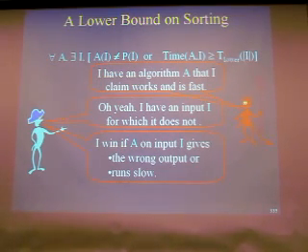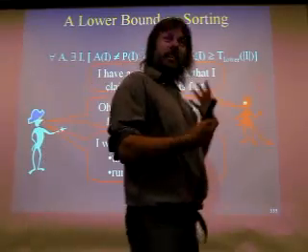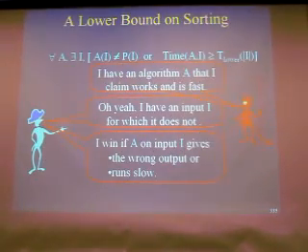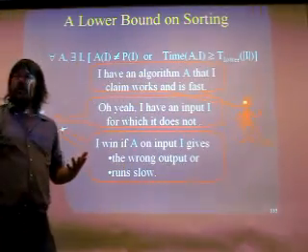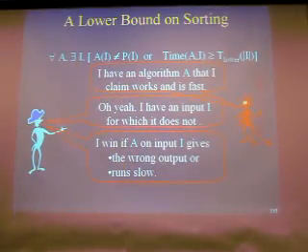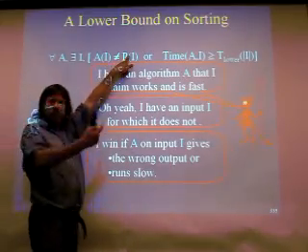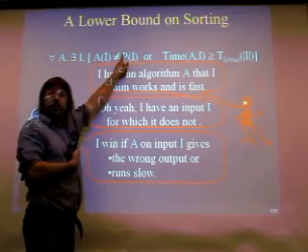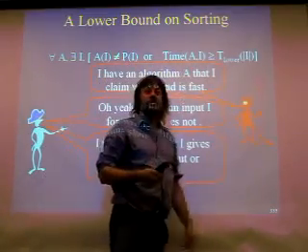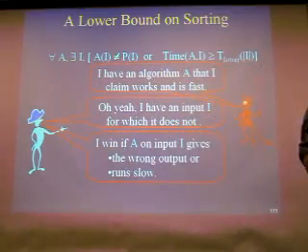So the input to my algorithm is an algorithm. It's a description of an algorithm. And what is the output of my algorithm? An input. The output of my algorithm is an input on which the algorithm I'm inputted, the algorithm A, either gives the wrong answer or takes too long. Right? Does that make sense?